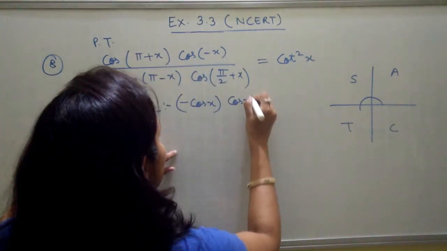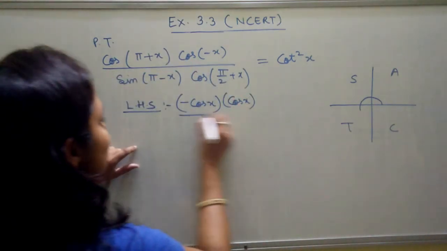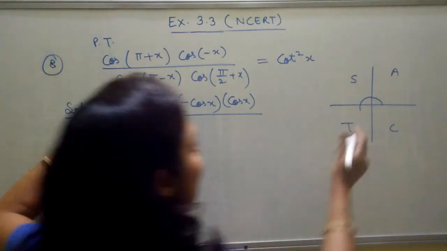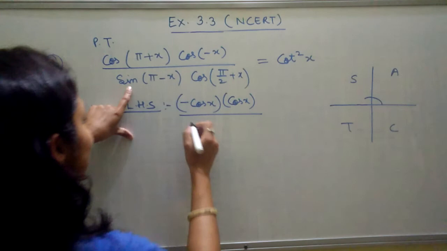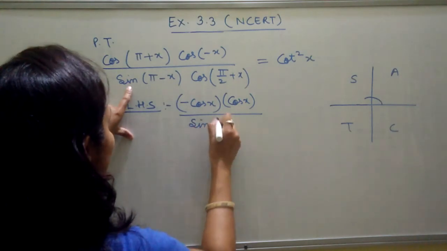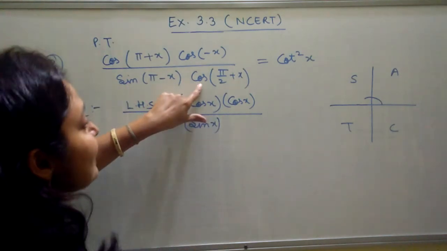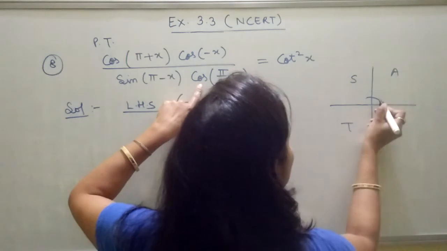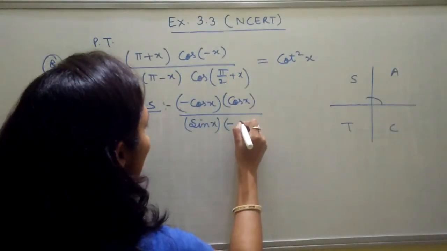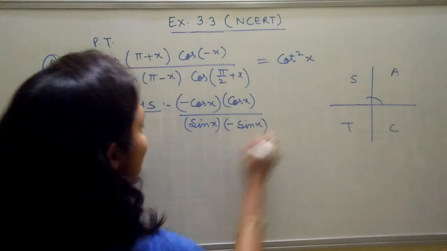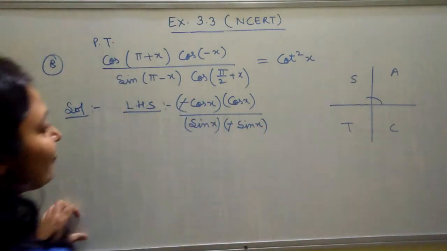So negative cos x times cos x, divided by sin(180 - theta), which comes in its own quadrant, that means sin x. Cos(90 + theta) comes in the second quadrant, that is minus sin x. This negative and negative will cancel.